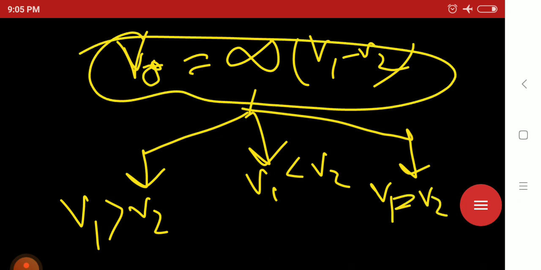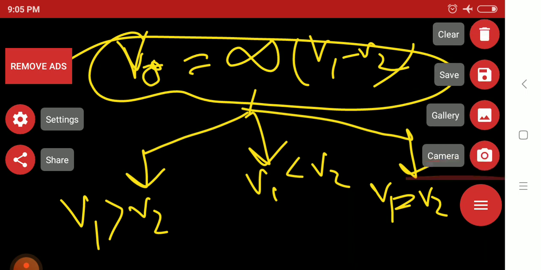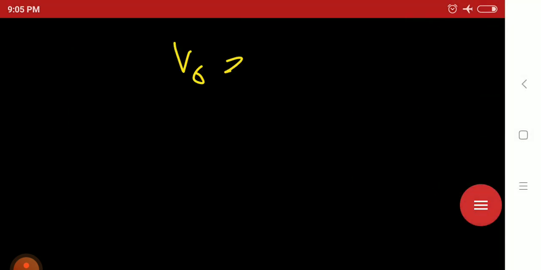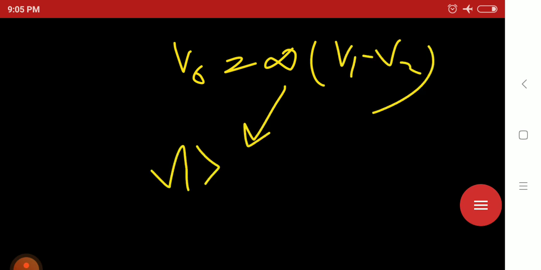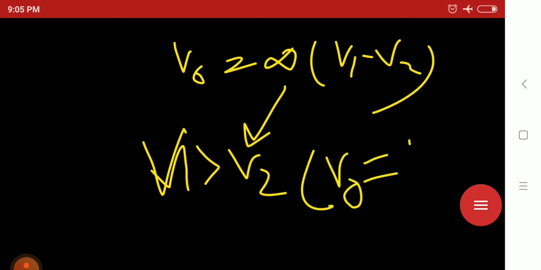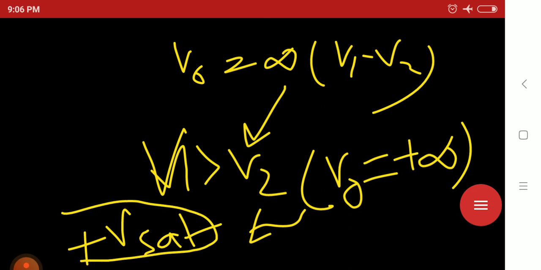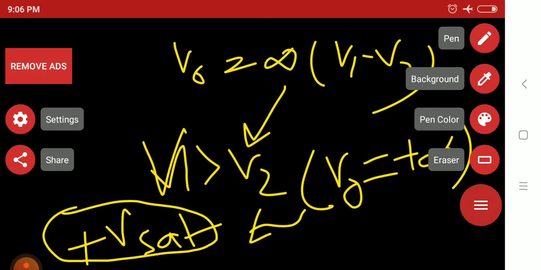If V1 is greater than V2, V0 is plus infinity, that is positive saturation voltage.